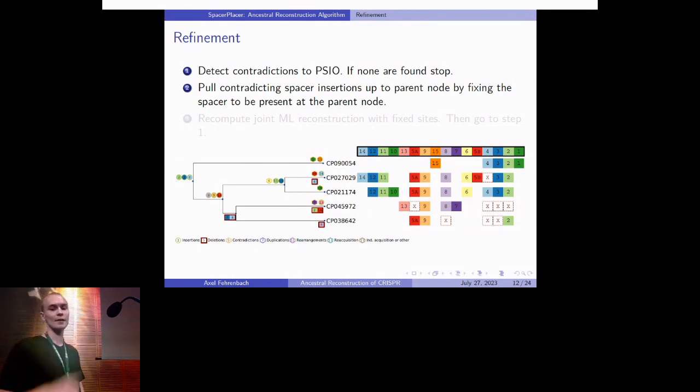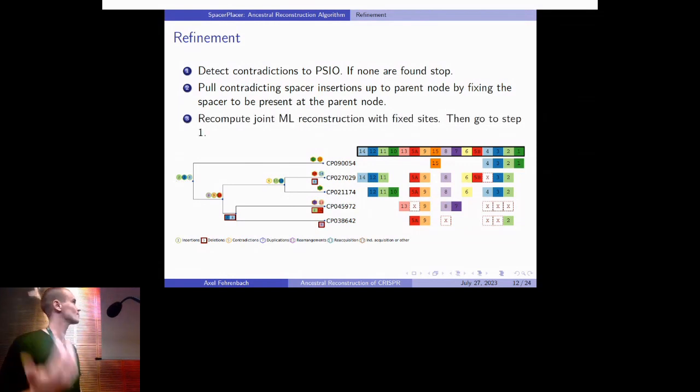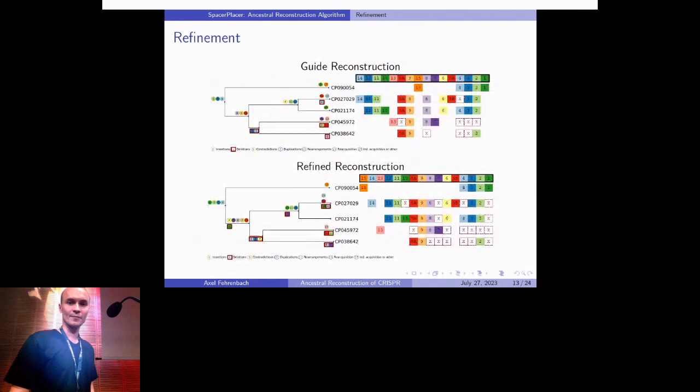And then we run the reconstruction again with the simple reconstruction model and with these fixed sites, and we do that until we don't find any contradictions, which in the worst case would be if everything is moved to the root, if something is weird in your data set. So in the end, you start with this guide reconstruction, which has very few deletion events, and you get to something which seems a lot more natural, which is then this refined reconstruction.